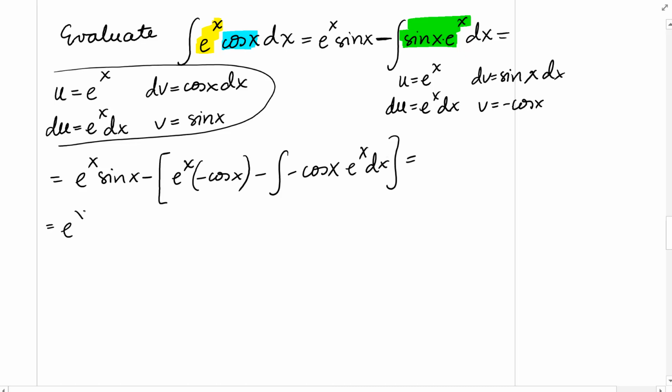So e to the x sine of x, then I have positive e to the x cosine of x, minus integral of e to the x cosine of x dx.